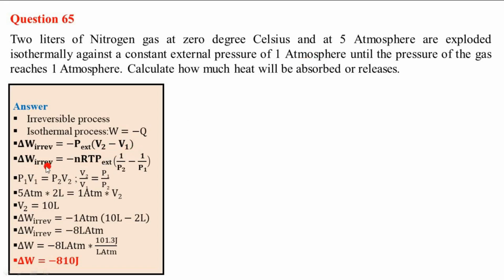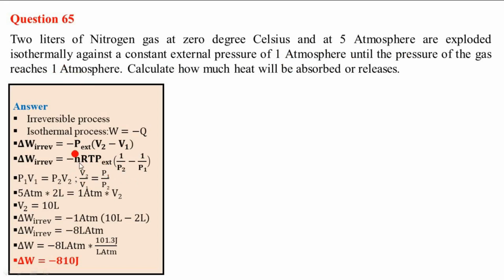We can also use this one when you have the pressures, P1 and P2. Because here we have the 5 atmosphere, that is the P1, expanded until the pressure reaches 1 atmosphere, that is the P2, also given. So we can use this formula.